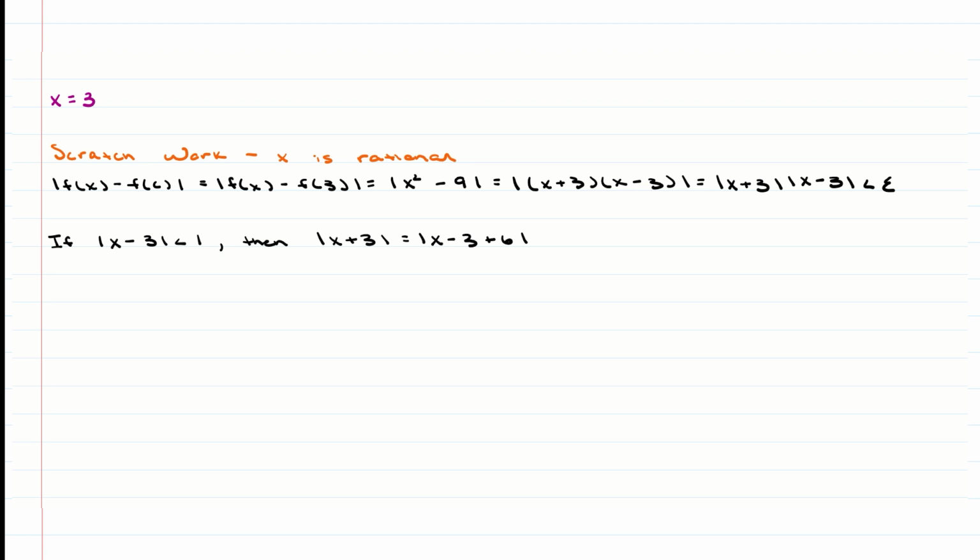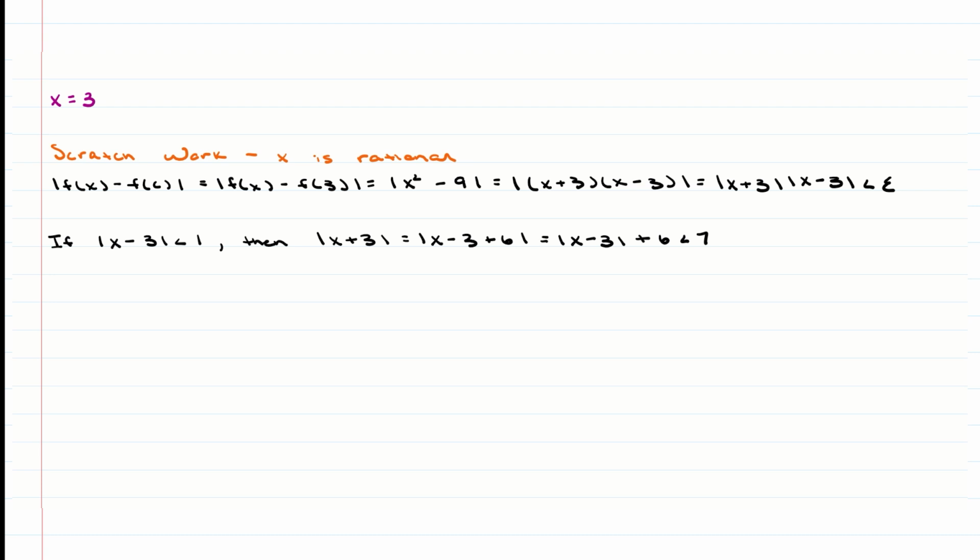And then I'll move the plus 6 to the outside of the absolute value. So that's the absolute value of x minus 3 plus 6. And if the absolute value of x minus 3 is less than 1, then this piece here will always be less than 7. So essentially, I'm saying that the absolute value of x minus 3 is a fraction or a decimal, given that it's between 0 and 1.